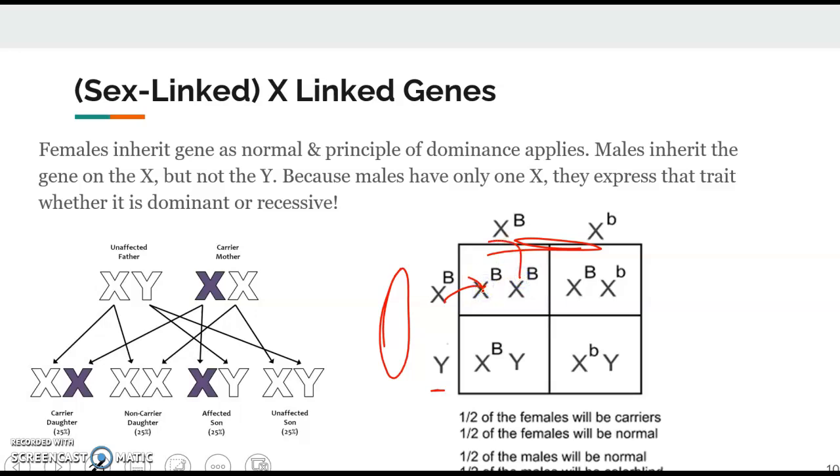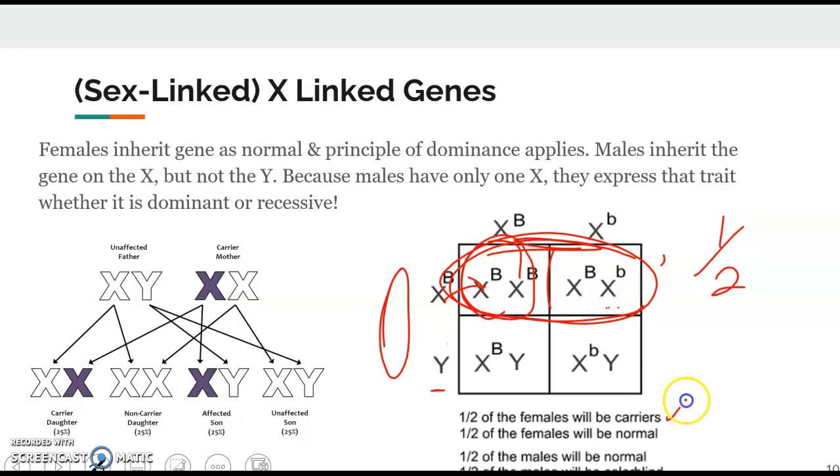And what you notice with sex-linked traits is that females are usually carriers. They're usually not affected, right? So if you look at this one, of the females, just looking at only females, you can see that 1 out of 2 of those females is a carrier. This one is a carrier, and the other one is normal.